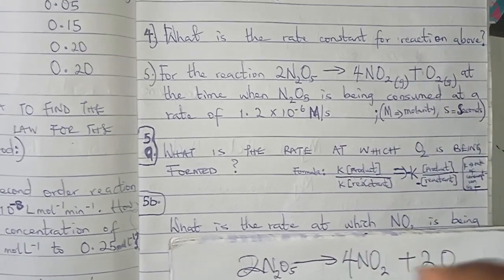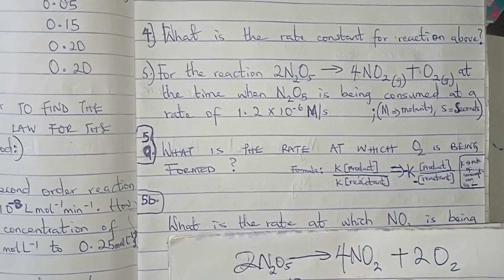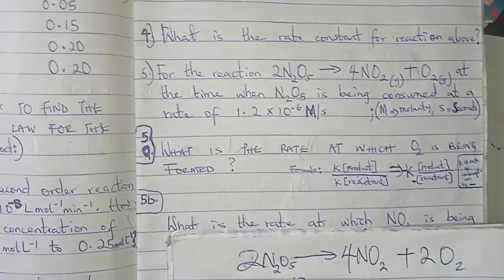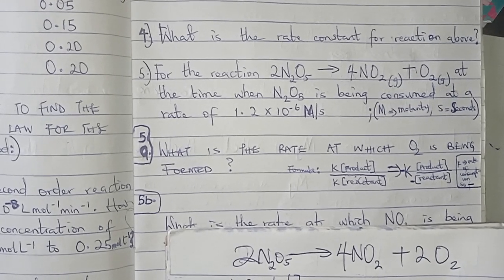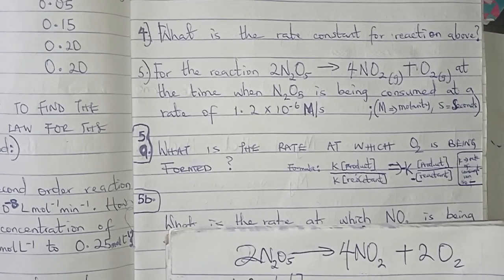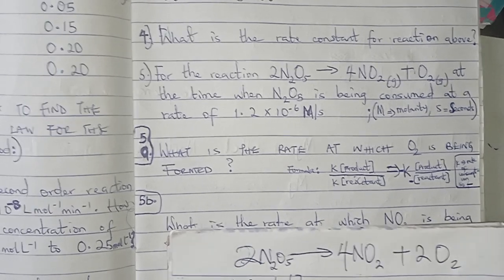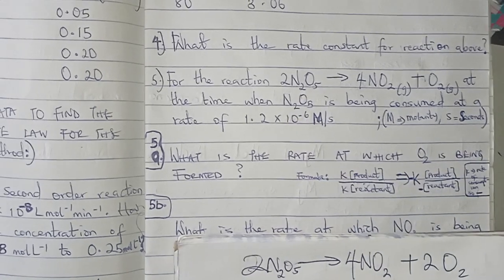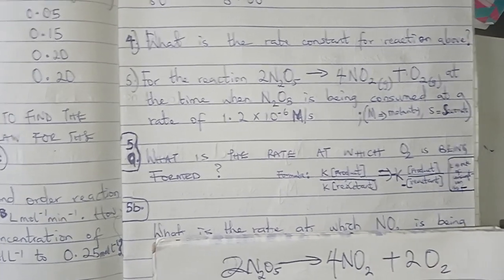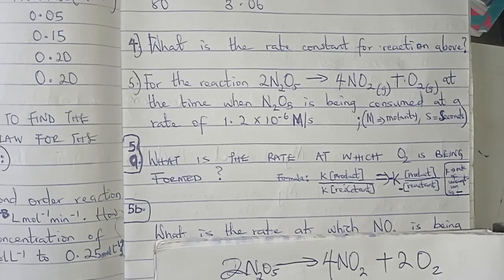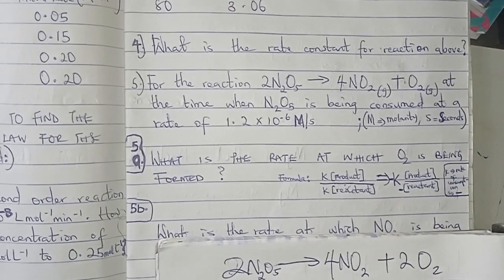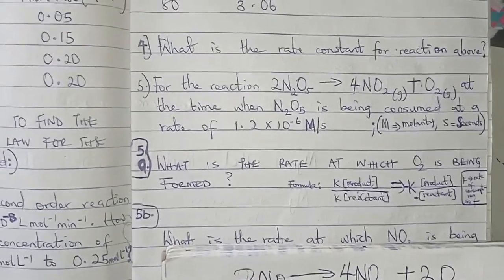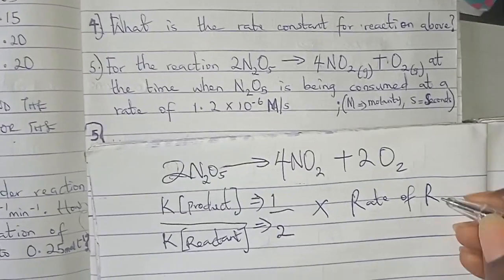Oxygen has a coefficient of 1, all over that of the reactant that is decomposed, which is the stoichiometry, the mole. Remember I taught you stoichiometry. The mole here is 2, times the rate of reaction.